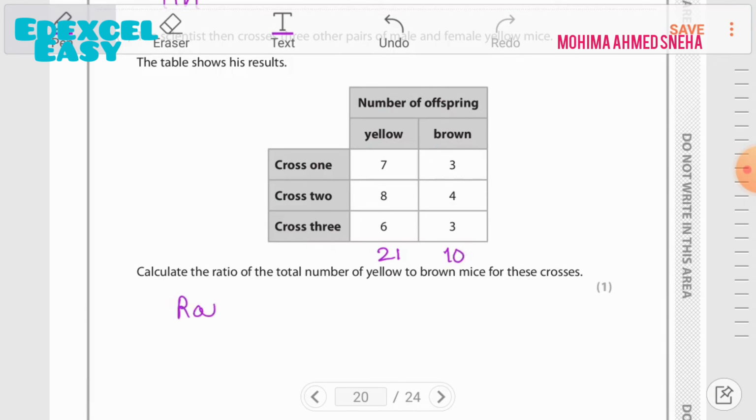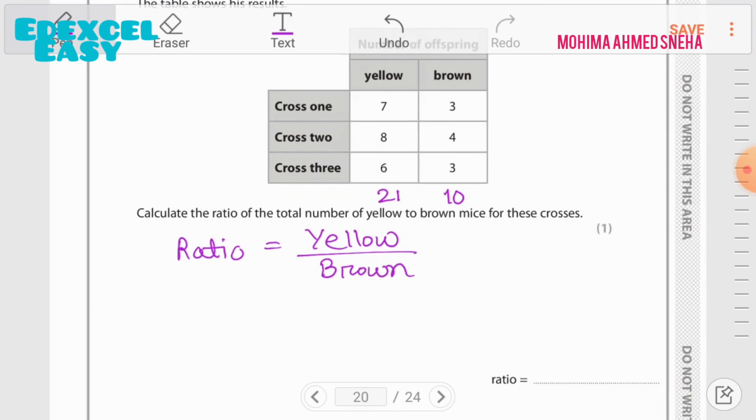The ratio would be yellow to brown, and that is yellow was 21 and brown was 10, and you get a value of 2.1 to 1. So let's write the ratio in here: 2.1 to 1. And with this, part B ends.